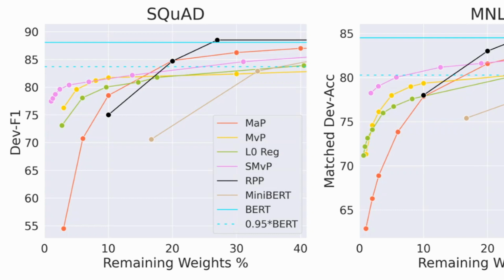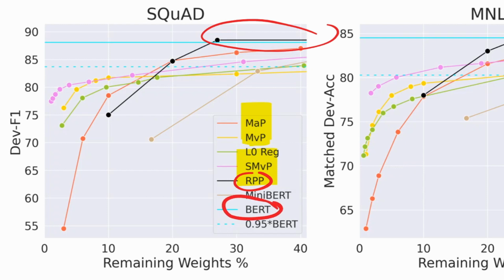And as you can see here, first of all, focus on this MAP, which is the magnitude pruning. So that's the baseline, if you will. And the purple one, the SMVP, which is the soft movement pruning. Now you can also focus on the MVP right here, but they're approximately the same. The RPP, you can maybe see in the graph, is performing fairly well, even compared to the full model.